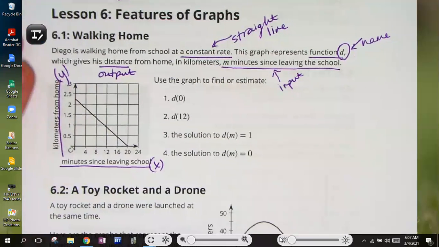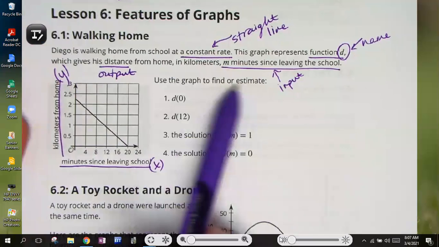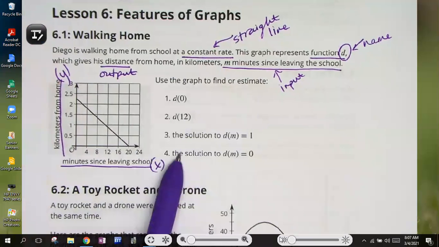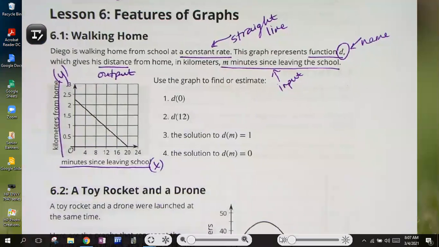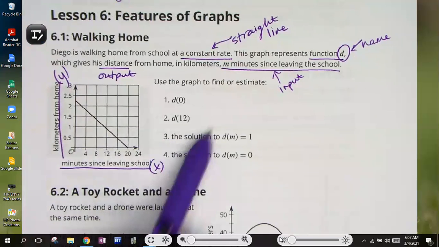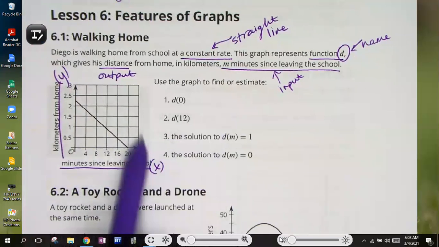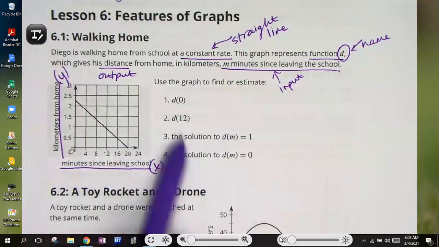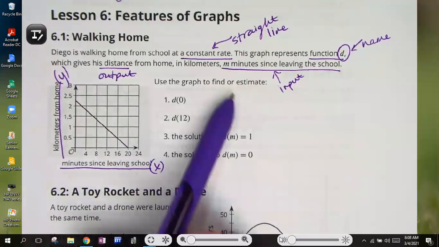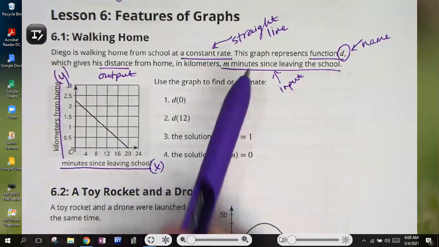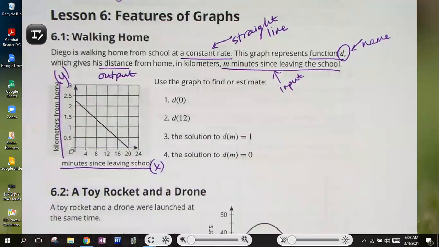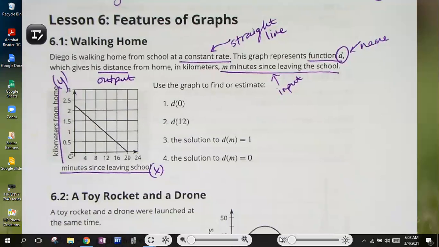All right, it wants you to use the graph to find or estimate these 4 parts. This is what we did in the last 2 lessons, so you know how to do this pretty well. I'm going to give you about 2 minutes to find these answers. It says to estimate. Some of them are not going to be exactly on a point, so just estimate about where you think it is. Some of you may have answers a few decimals off, but that's okay.